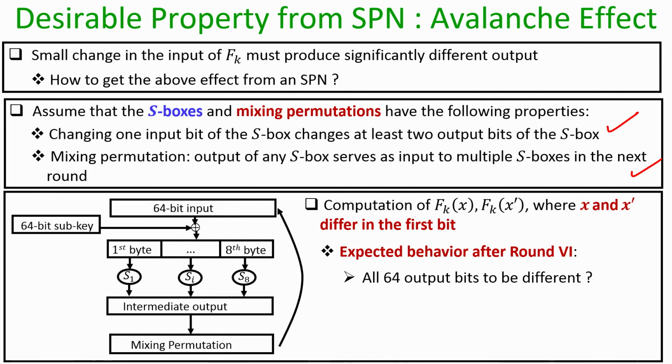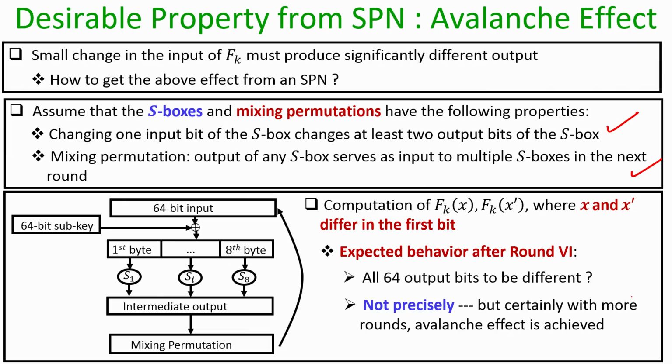Ideally we expect this behavior to be achieved by the SPN, but we will not be able to get it theoretically. But if we execute the SPN with this special type of S boxes and special type of mixing permutation for a sufficiently large number of iterations, then the avalanche effect is achieved more or less.